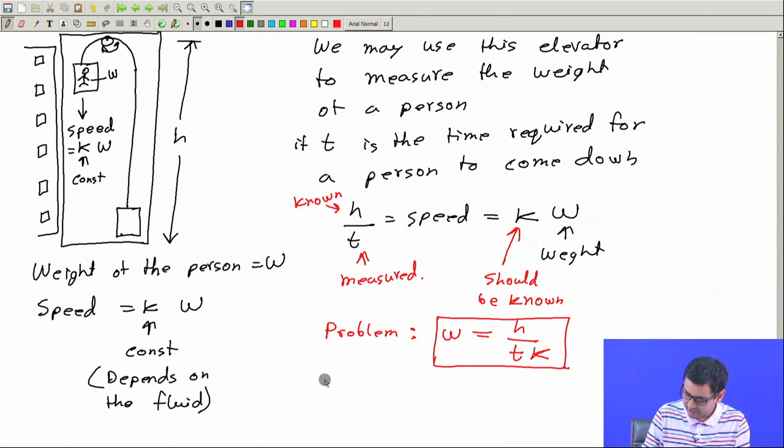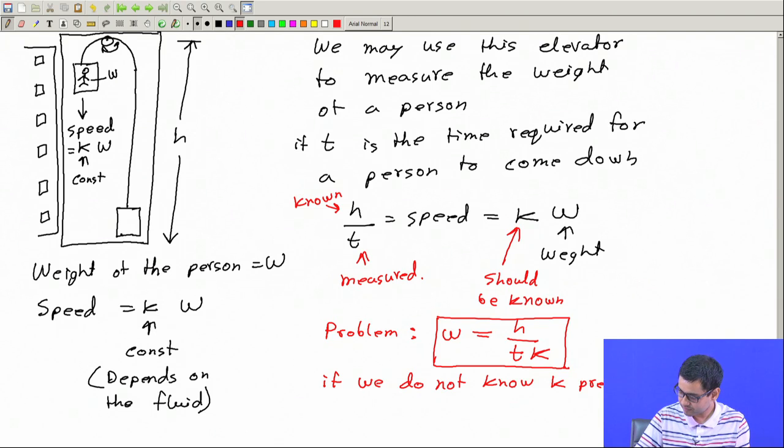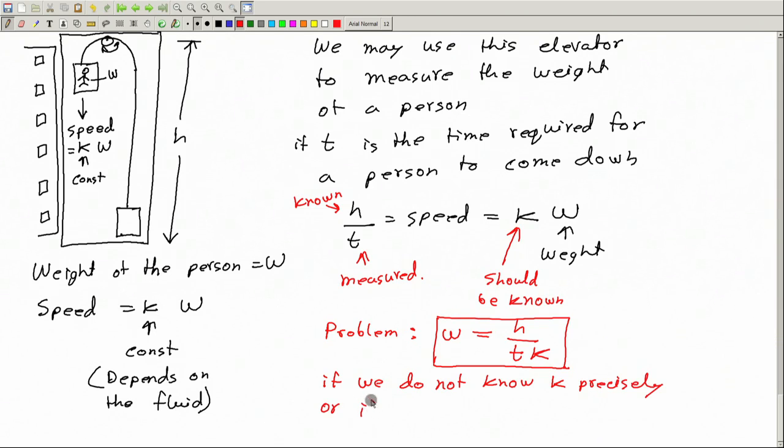The problem is if we do not know k precisely, or if our clock or stopwatch is running faster or slower, then W will be wrong, the estimated W will be wrong.